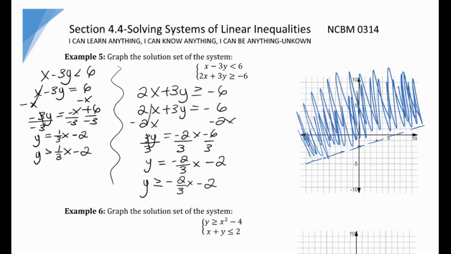So let's go ahead and graph that line. So my y-intercept is negative 2. Let's do this one in this color, negative 2. So negative 2, and now we're going to move down 2 and 3 to the right. Down 2 and 3 to the right, again and again. Now this one is going to be a solid line.